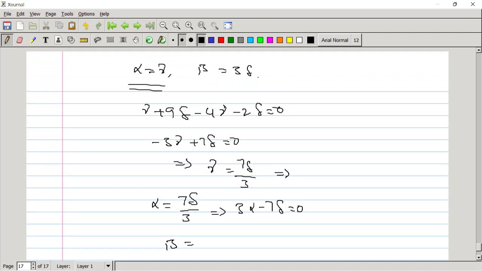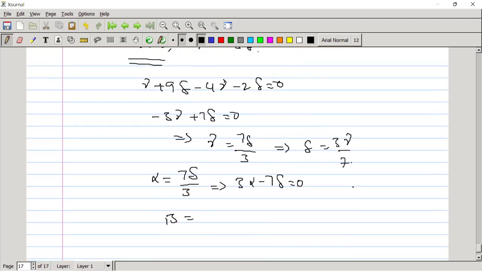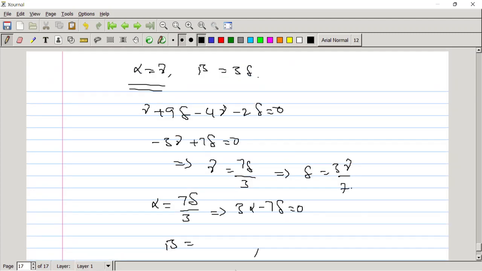So we will substitute the values corresponding to alpha and beta. From this we get delta equal to 3 gamma divided by 7. Beta equal to 3 times delta, that is 3 times 3 gamma divided by 7, which is 9 gamma divided by 7.